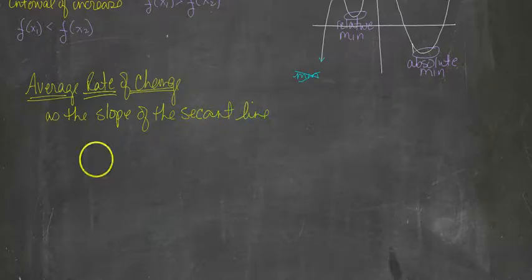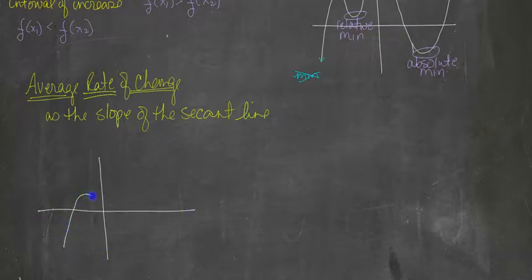So what does that mean? Well, first, suppose I want to find the average rate of change between this point and this point. So I don't really know what the points are. I mean, I don't really know how much I changed, and by rate of change I'm talking about the output rate of change. But what would the average be if I were able to take a rate of change all the way through this curve?